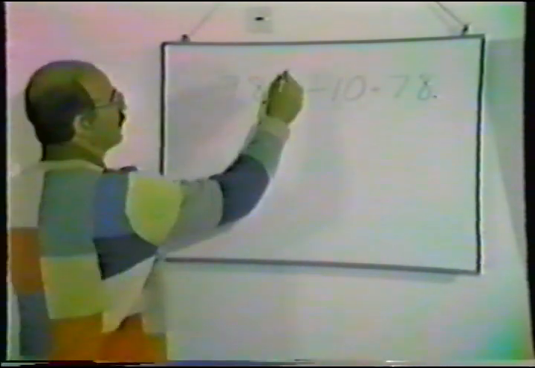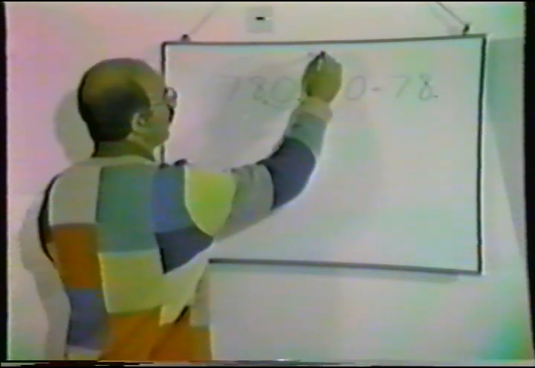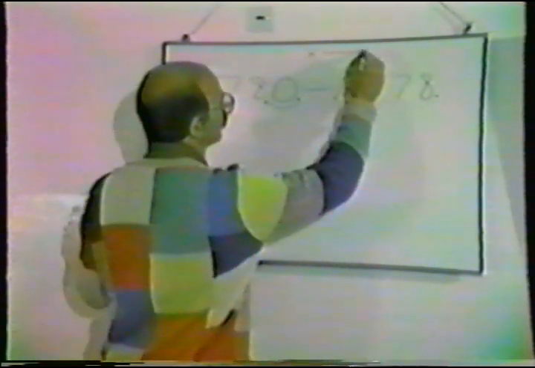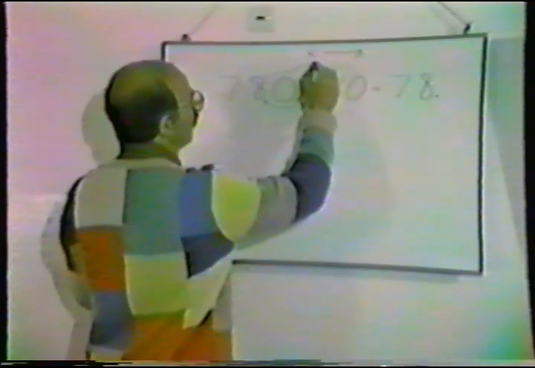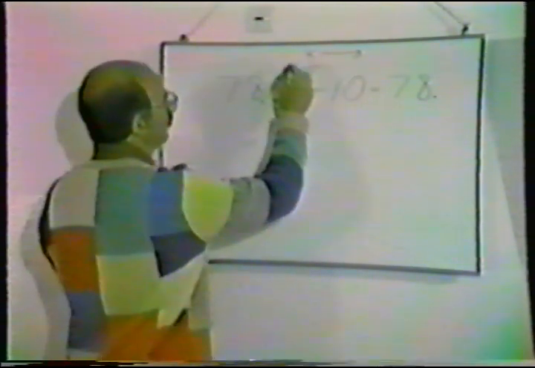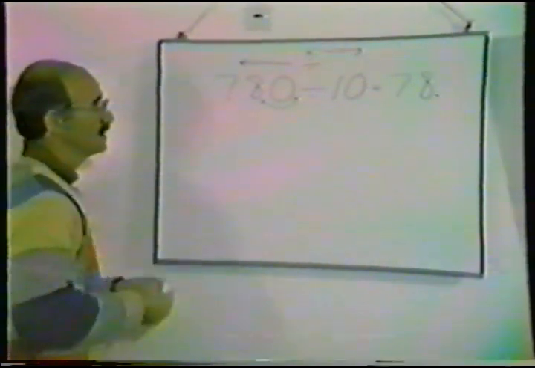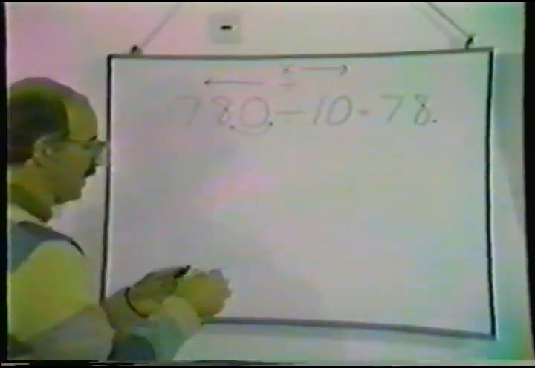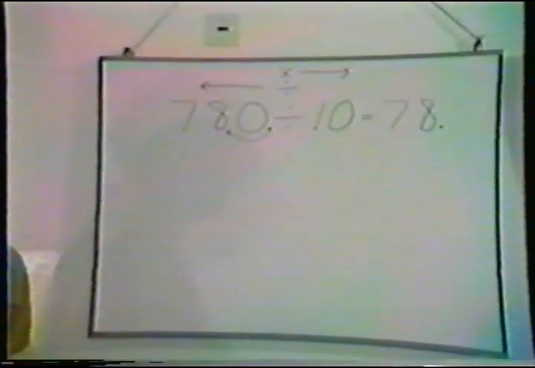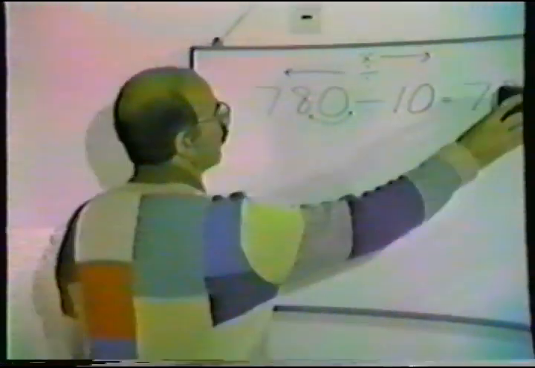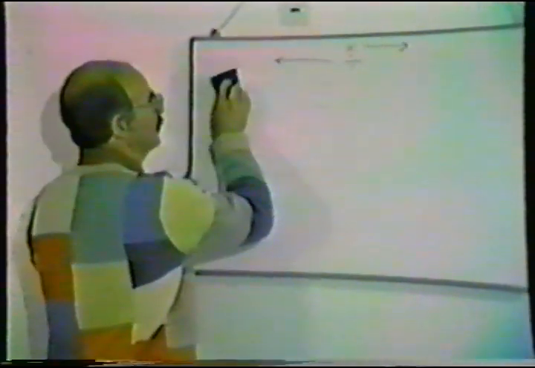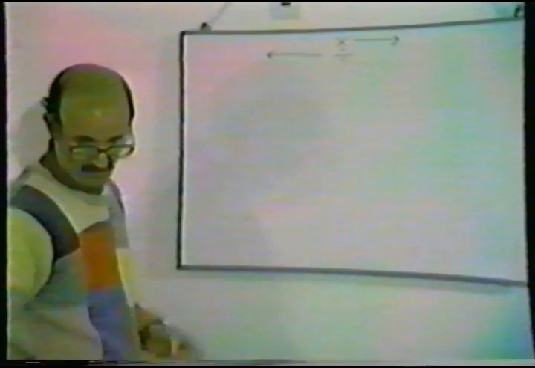So, when we are multiplying, we move the decimal point to the right. But when we are dividing, we move the decimal point to the left. And of course, if we're dividing by 10, how many places do we move it? 1. One place. And we'll do some more.